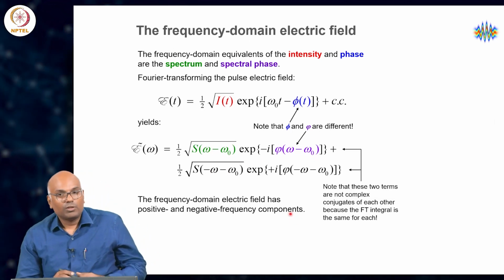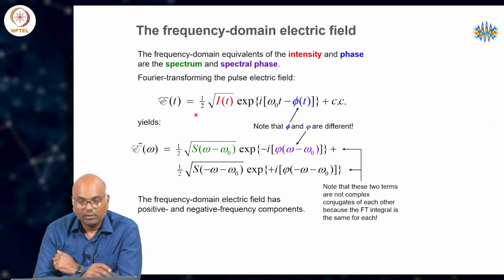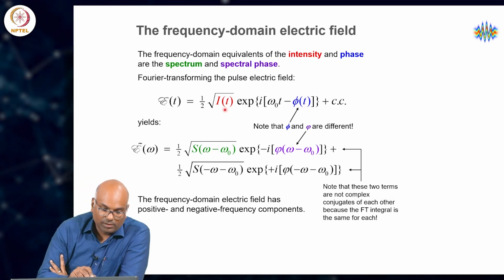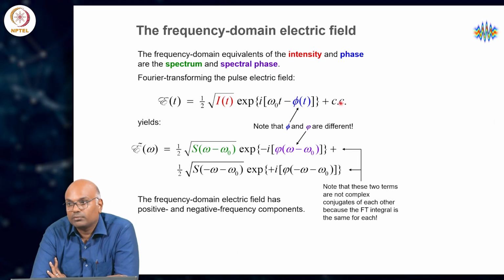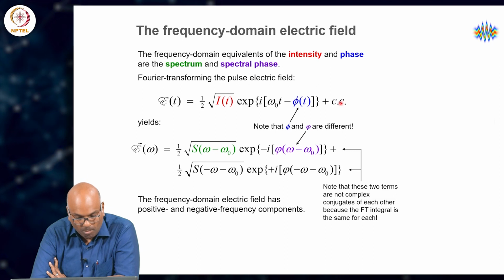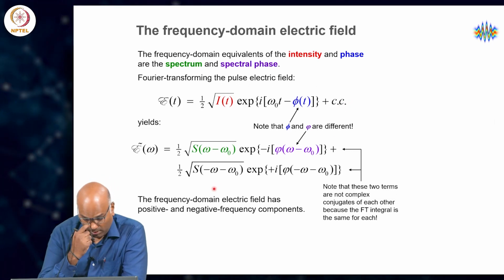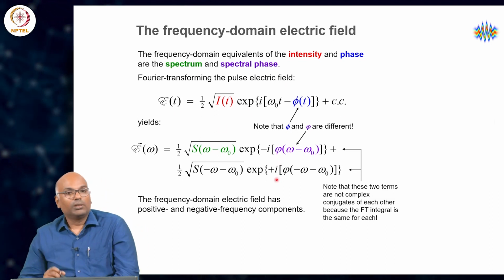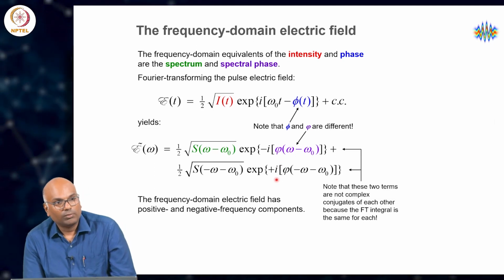So this is essentially a consequence of Fourier transforming this function, which is something plus its complex conjugate. All right. So the point here being this, that because we wrote the field like this, we get two pieces in the frequency domain also.